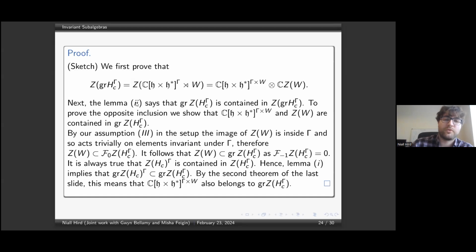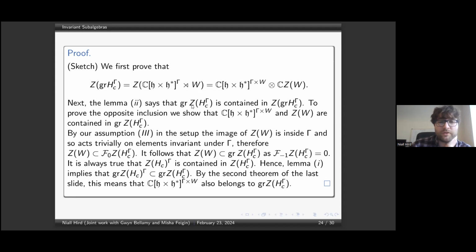the second part of the very first lemma of the talk says that the associated graded of Z of H gamma is always contained inside the center of the associated graded. That's true if you replace H gamma with any algebra A that's got a filtration: the associated graded of the center is always inside the center of the associated graded.